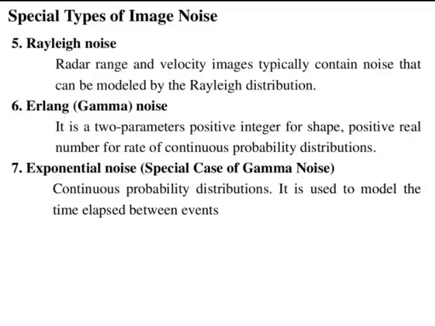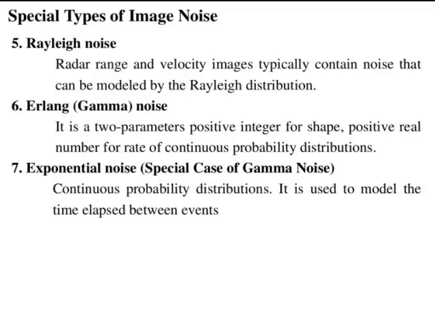So students, now we will see some other kinds of noises. Other noises include Rayleigh noise, then gamma noise and exponential noise. Rayleigh noise is formed in radar range and velocity images.